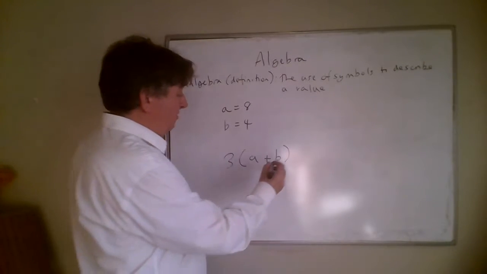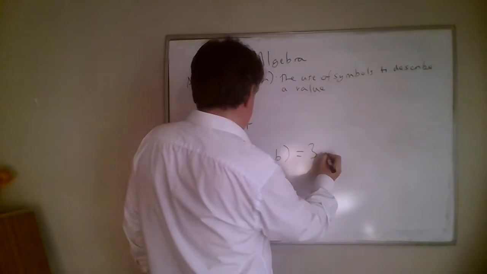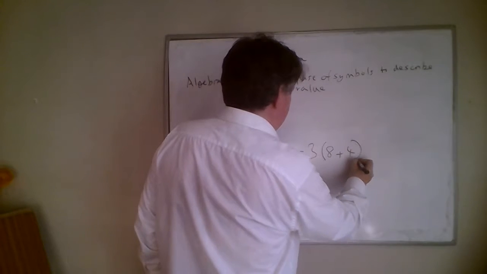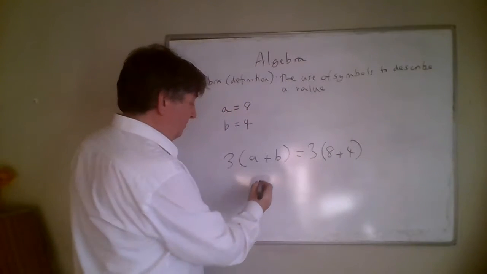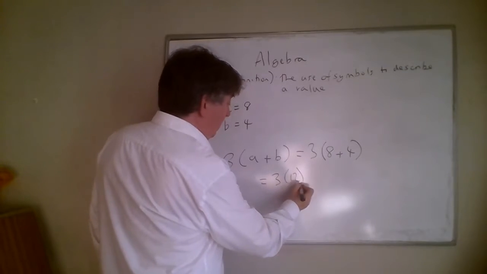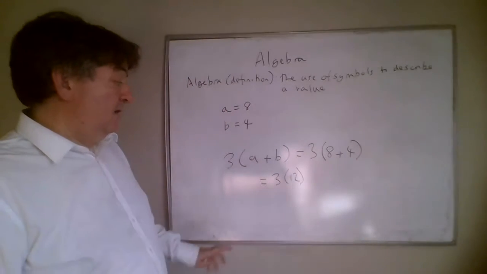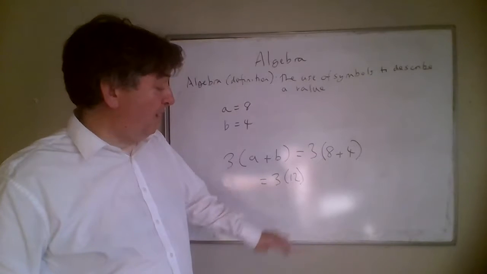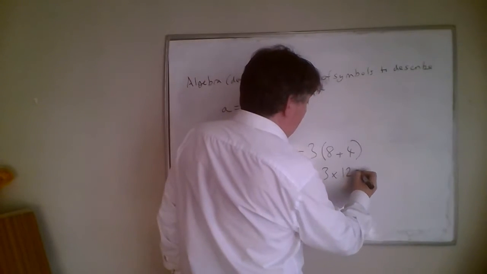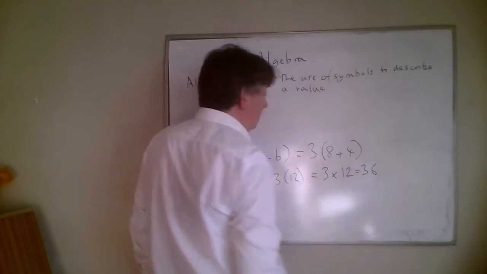So this is equal to 3(8 plus 4). So that equals 3(12). Now, when we have brackets, 3(12) is equal to 3 times 12, which is equal to 36.